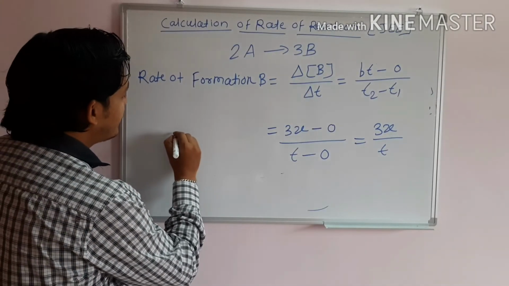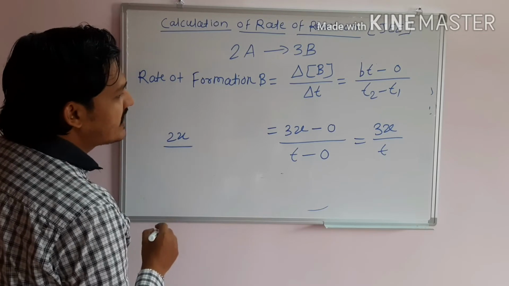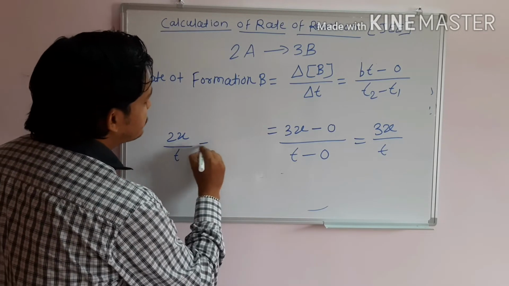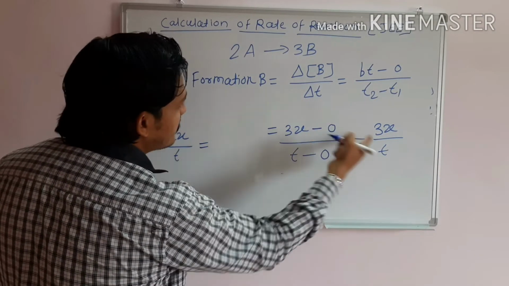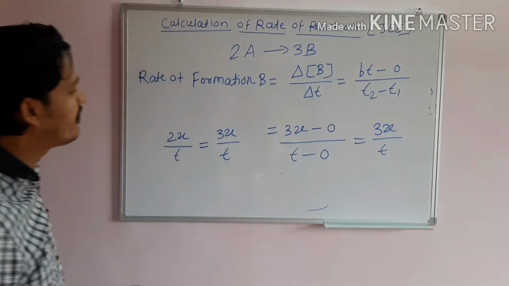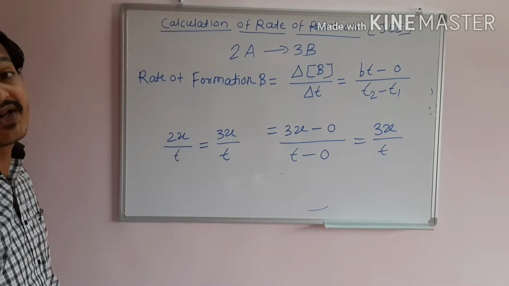Because here the answer for the reactant is twice of x by t, and the answer for the product, the formation of the product, is thrice of x by t. So how can I write it in an equal manner?